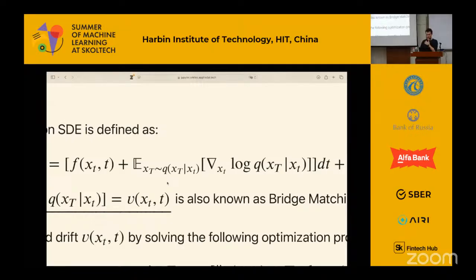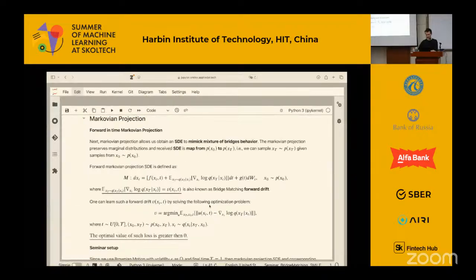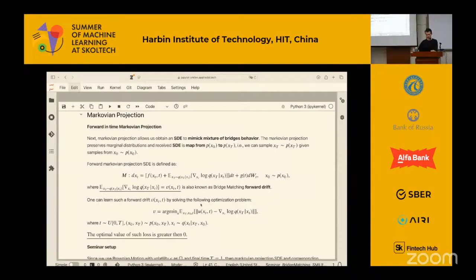But what you can do is learn it by solving an optimization problem, which will be, just as in the flow matching case, an L2 regression, just minimizing a mean squared error loss, which is also very easy.